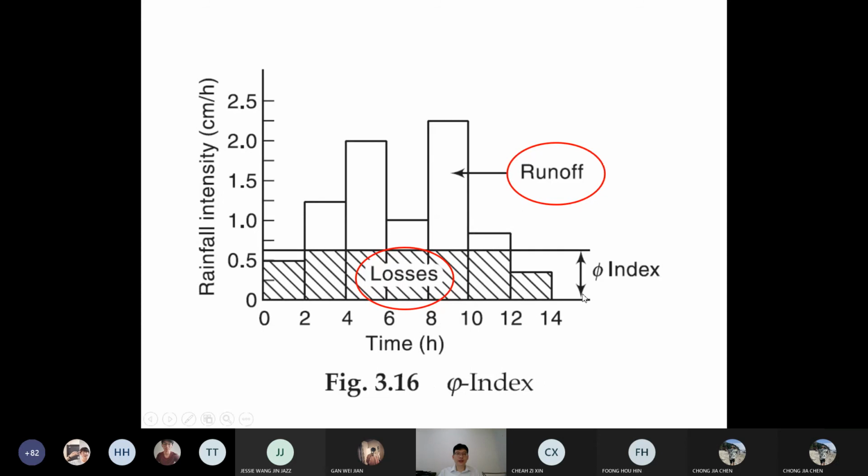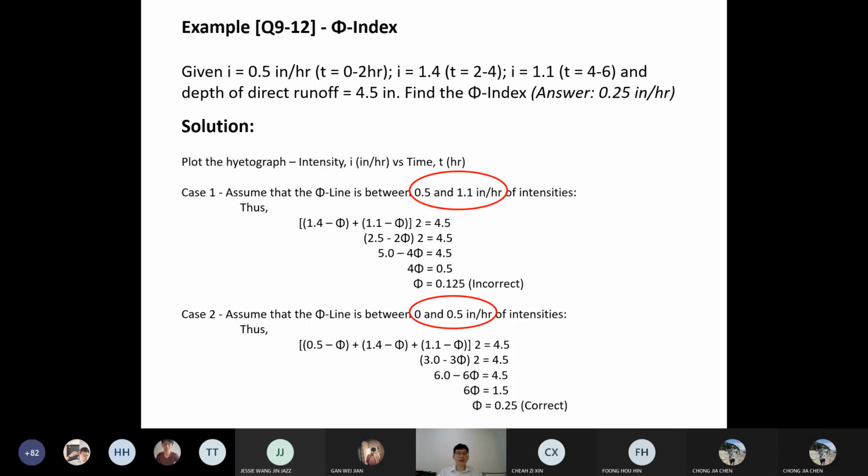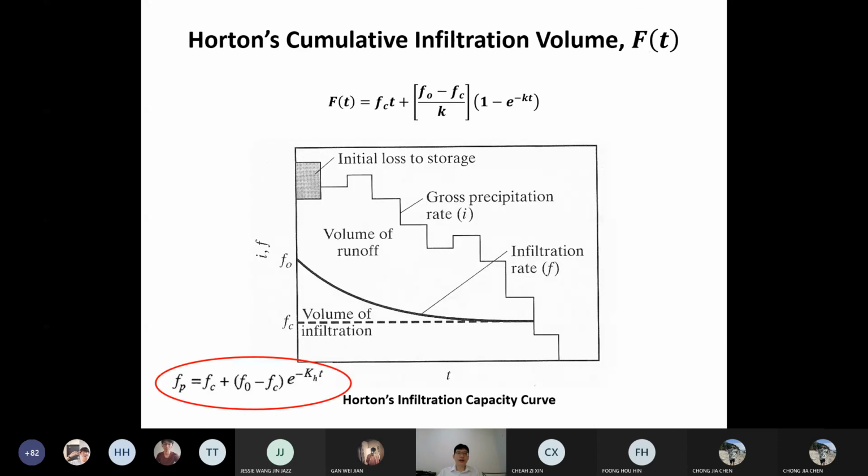With these indices, at the beginning the rainwater will be retained and become losses. You can see at different times we are able to do the calculations, and we can use the Horton cumulative infiltration volume to get it done.